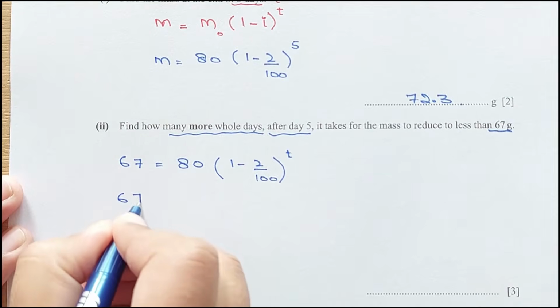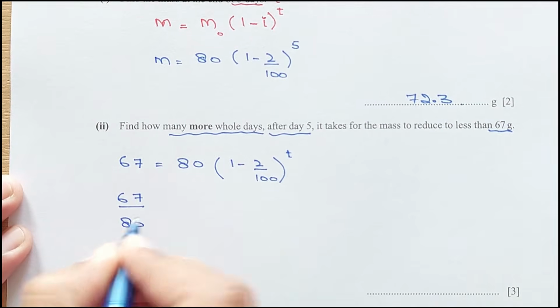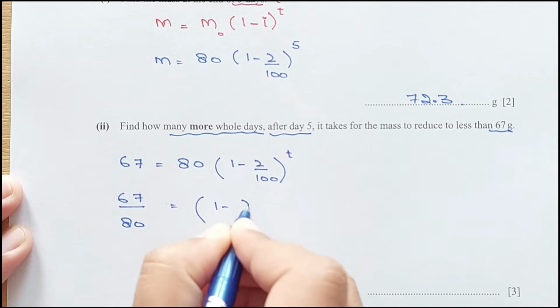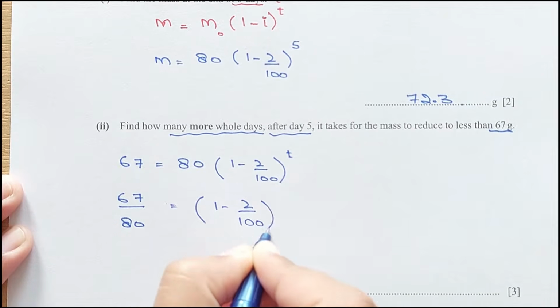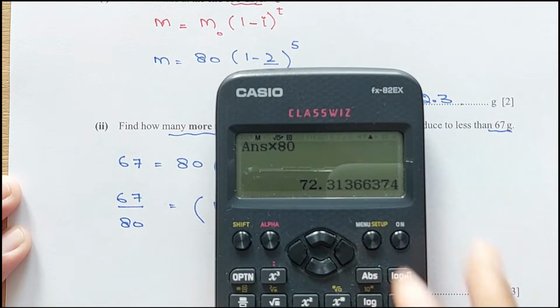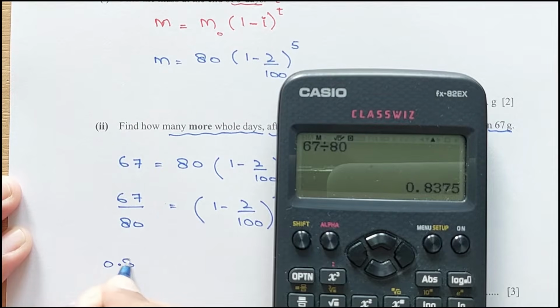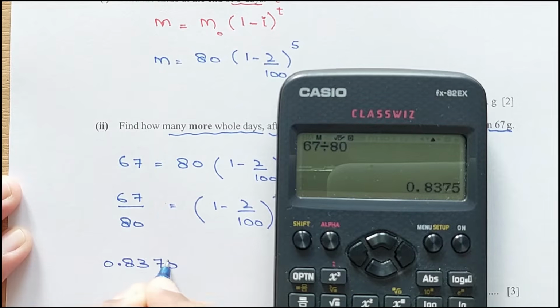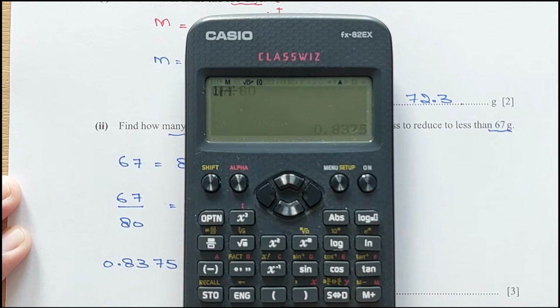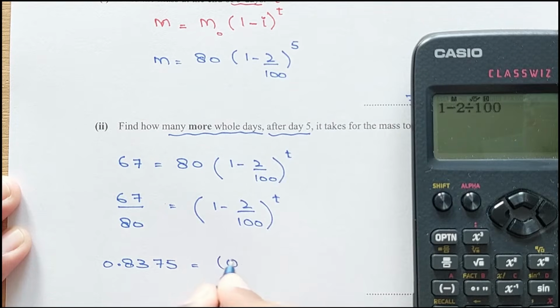So here we do 67 divided by 80 equals 1 minus 2 over 100, exponent t. So what is 67 divided by 80? 0.8375. 0.8375 equals 1 subtract 2 by 100, this is 0.98, exponent t.